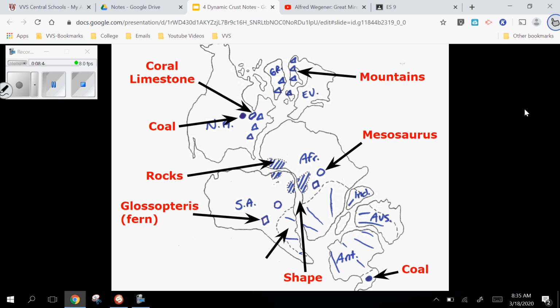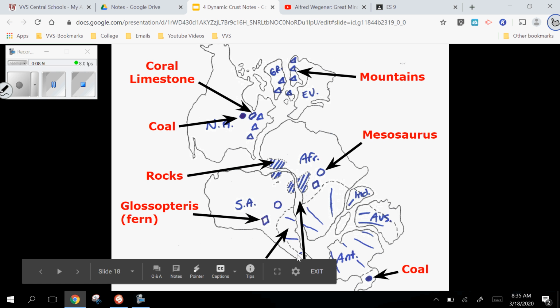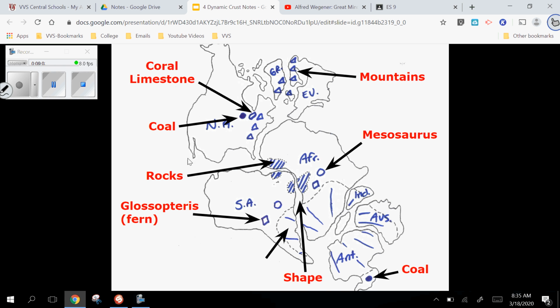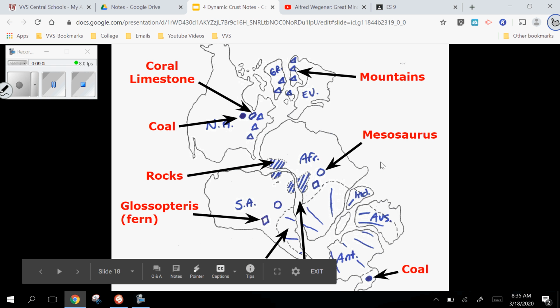By themselves, it's not compelling evidence to support that theory. But when you look at all of it together, the only explanation that fits everything is that the continents were once together and have drifted apart over millions of years. That's the only thing we can come up with. And so that's what we work with.